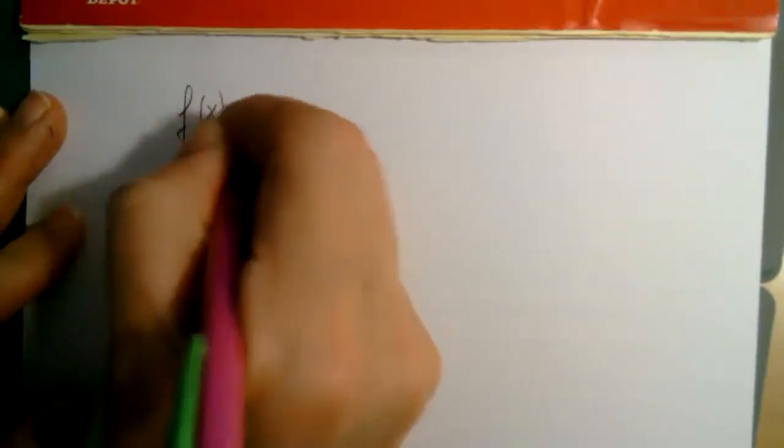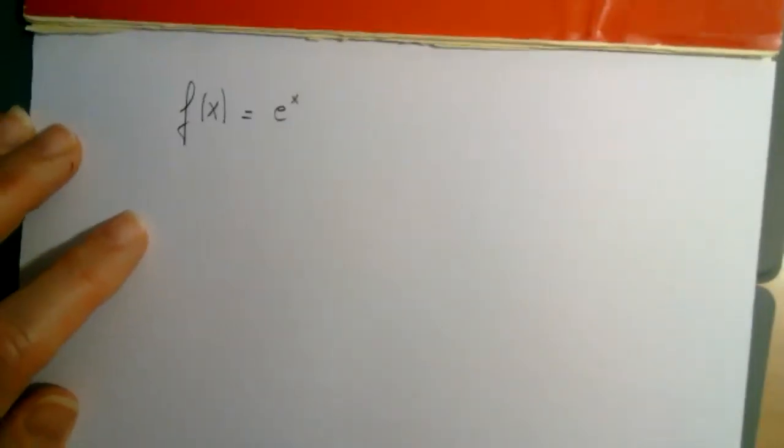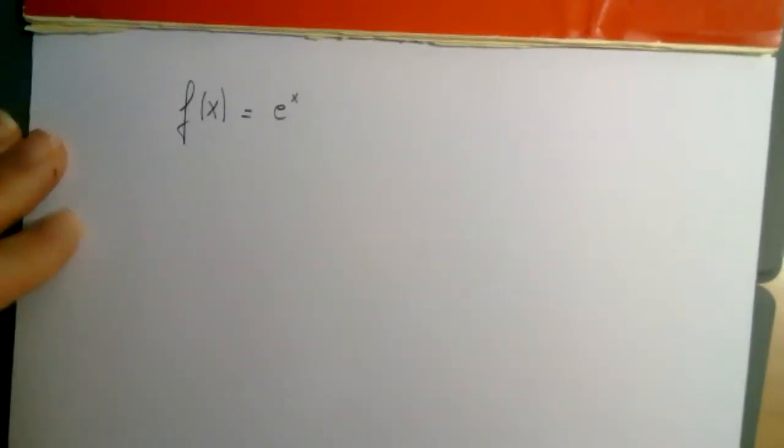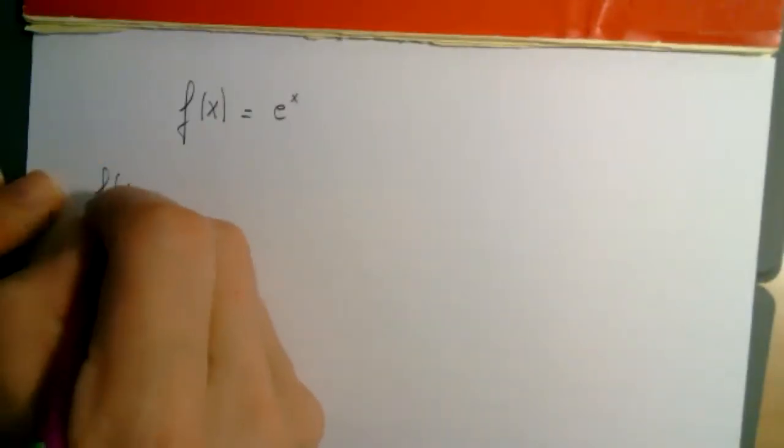So I'm going to find the Maclaurin series of f(x) equals e to the x. That's the easy one. This means I want to write this function as a polynomial of infinite degree. That's really what we are doing. I'm going to apply the formula verbatim. So I write the formula for the Taylor-Maclaurin series, which means a equals 0.